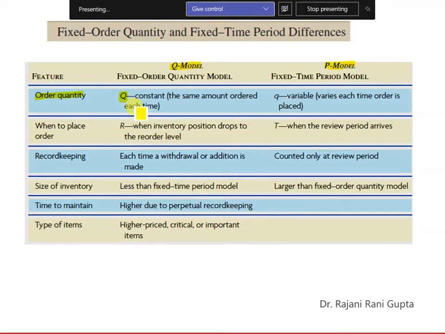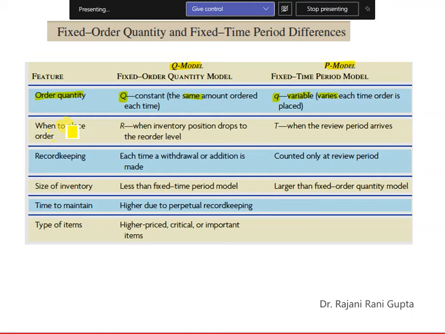It is constant here, whereas in the fixed time period model it is represented by a small q, the lowercase letter, and it is variable. It varies each time an order is placed. So this is one basic difference: the amount of order is always the same here, whereas it varies in a P model.